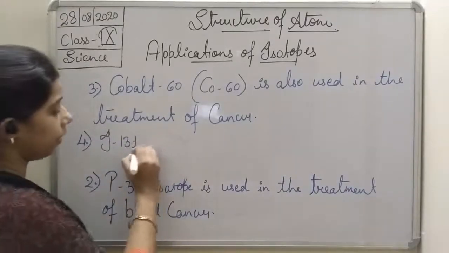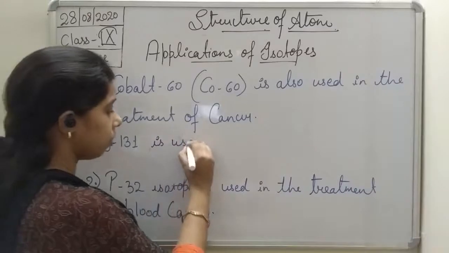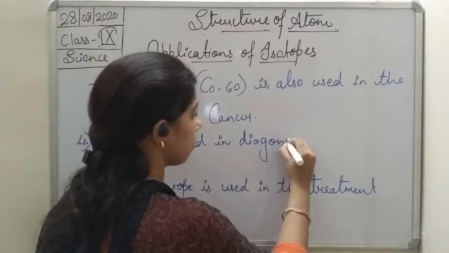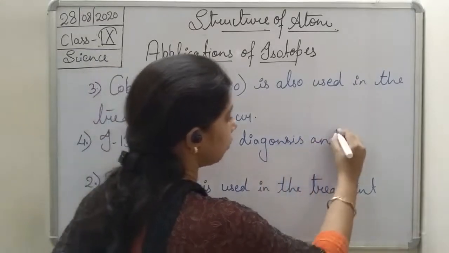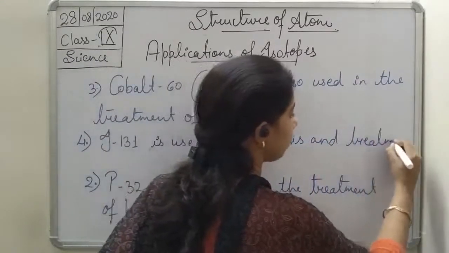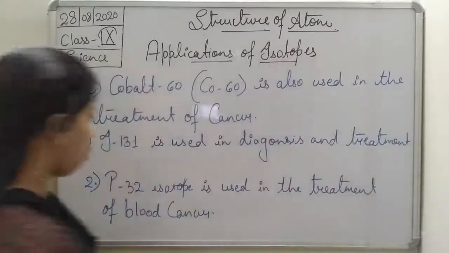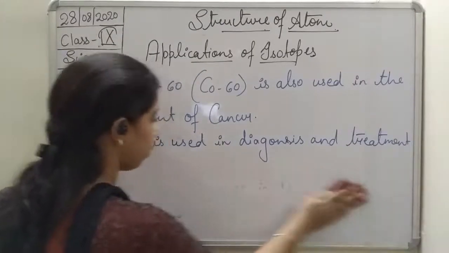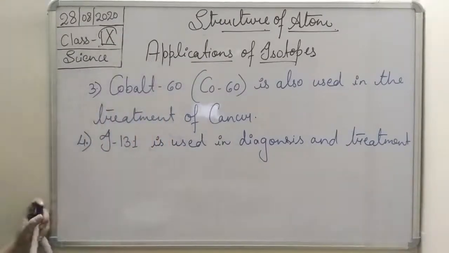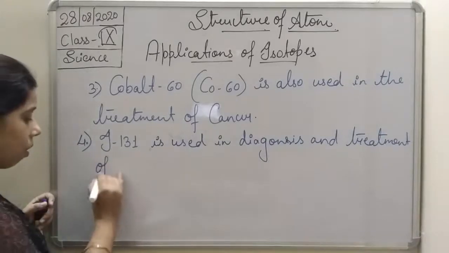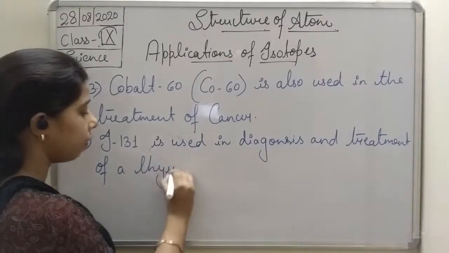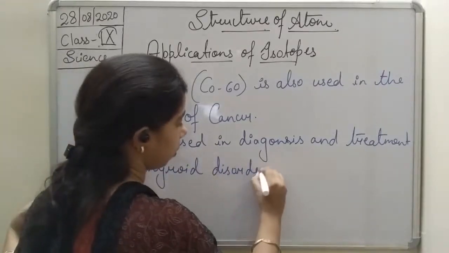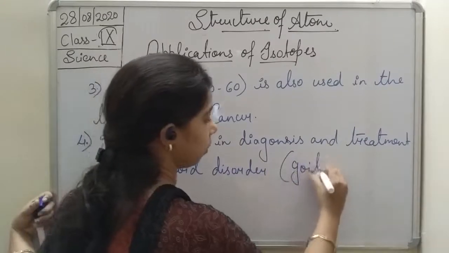Iodine-131 is used in diagnosis and treatment of a thyroid disorder, that is goiter.